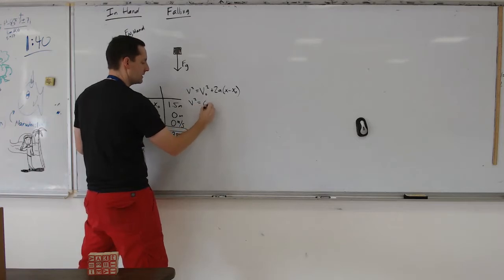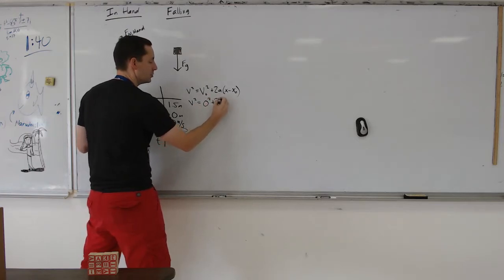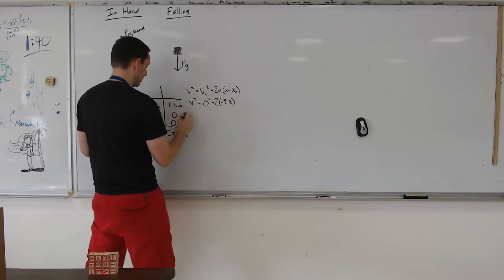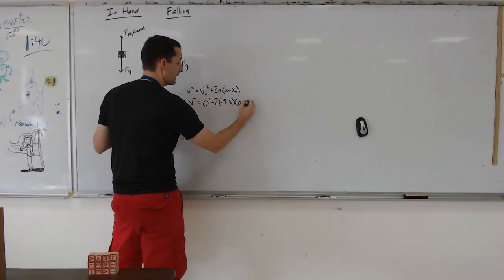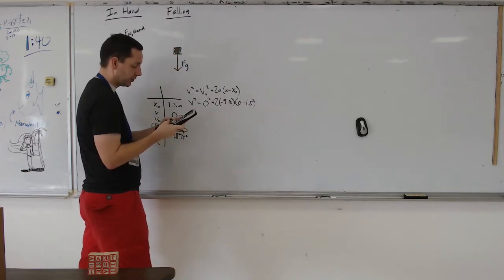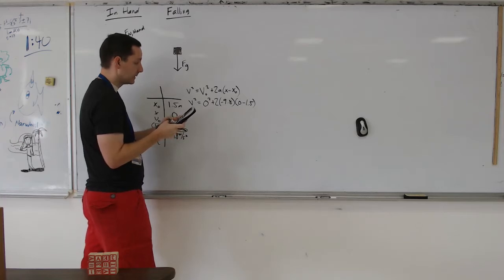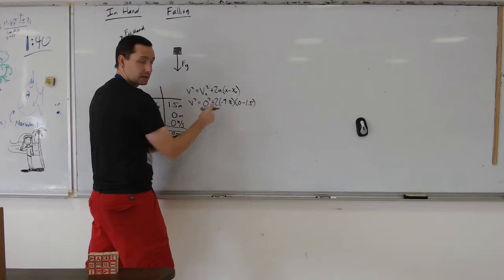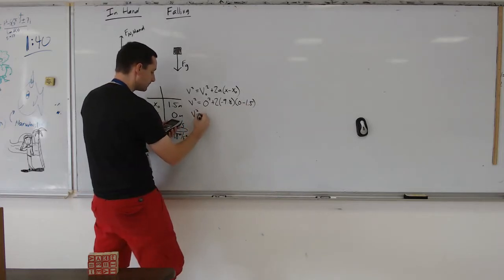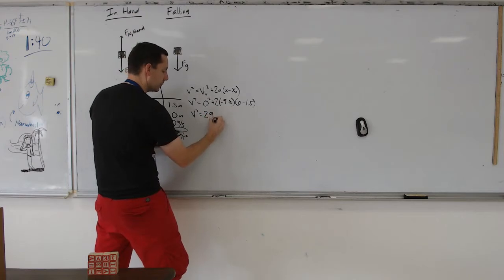The v naught is 0, 2 times negative 9.8 times the x, which was 0 minus 1.5. And then I should just be able to put all those numbers into my calculator. 2 times negative 9.8 times negative 1.5, because 0 minus 1.5 would be negative. I should end up getting v squared equals 29.4.